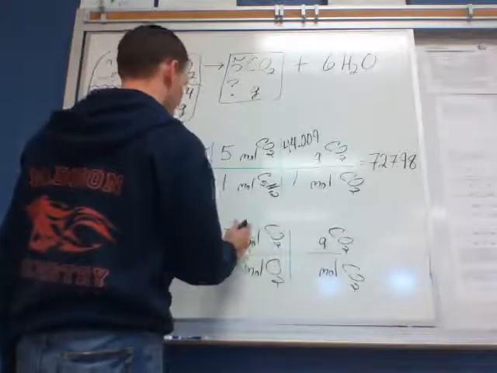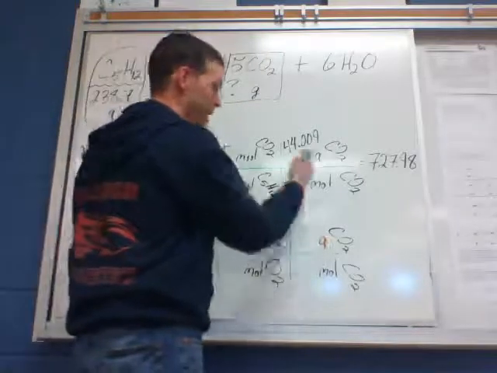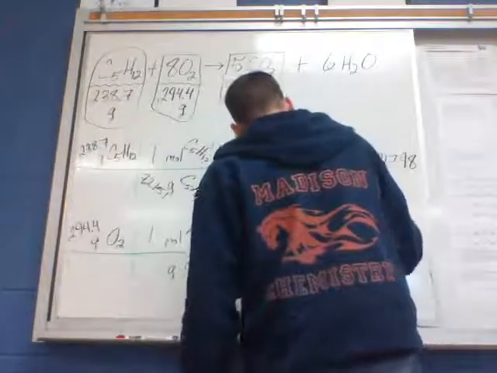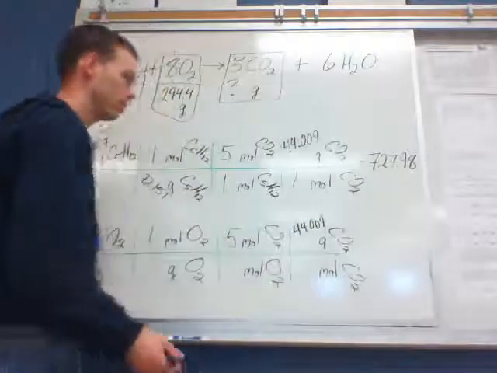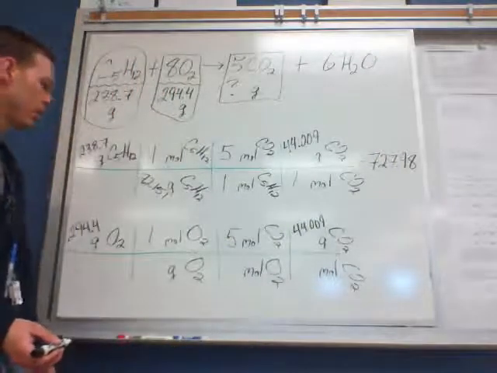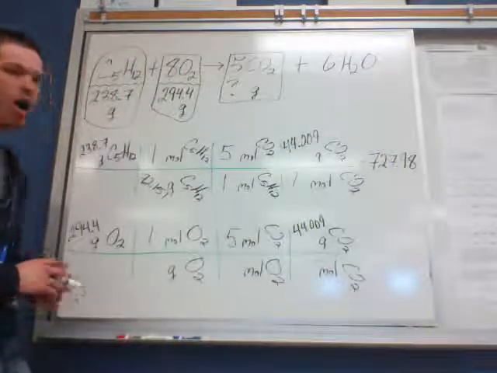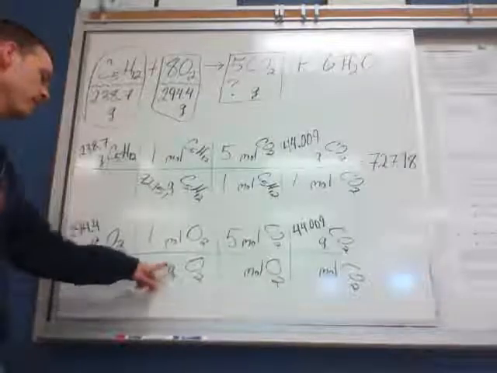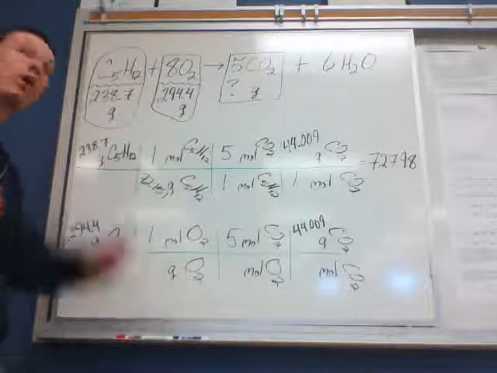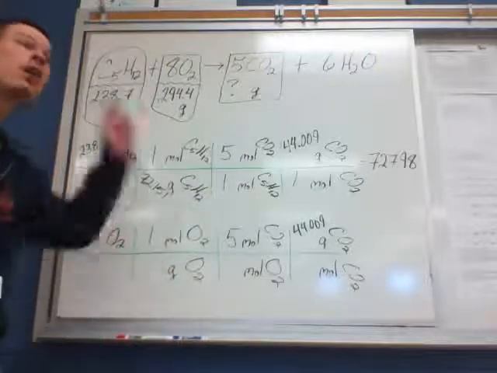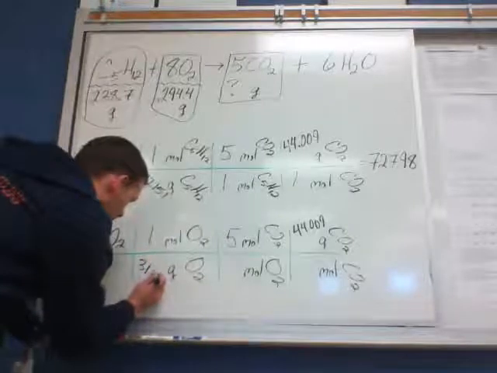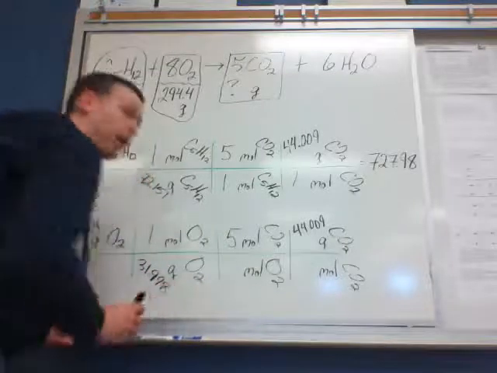The coefficient of CO2 is still 5. The molar mass, the PT of CO2, is still 44.009. None of that can change. But you can re-verify if you don't feel comfortable. On the bottom, the PT of 2 oxygens. 1 oxygen is 15.999. 2 oxygens is 31.998 from the periodic table.